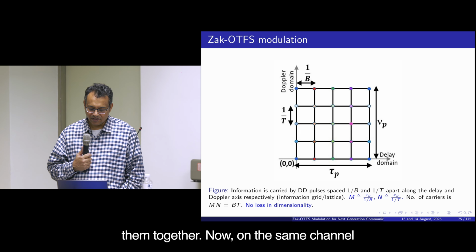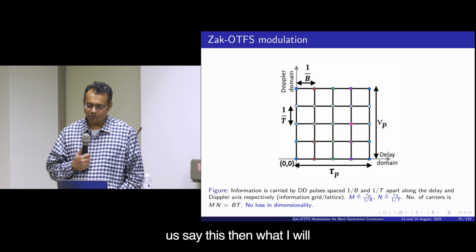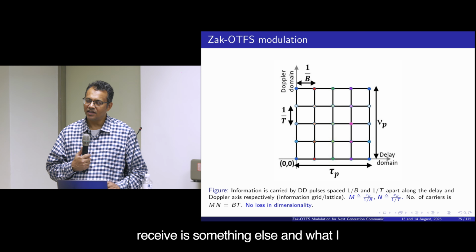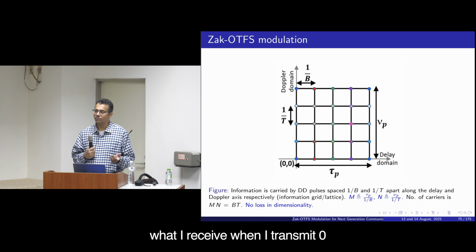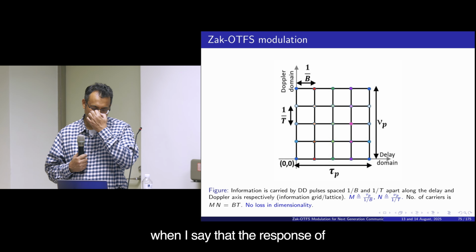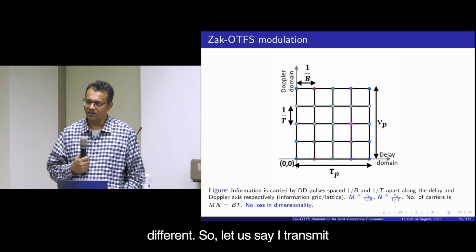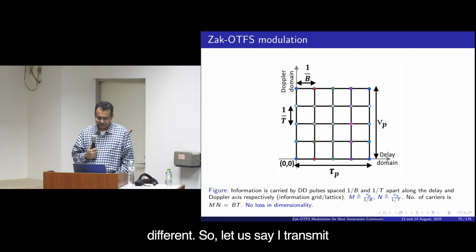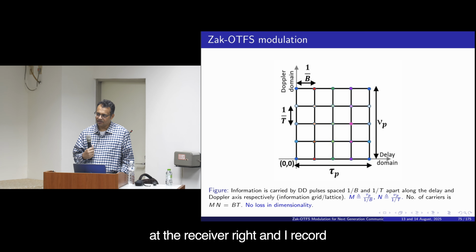Now on the same channel, if I transmit some other pulson, let us say this, then what I will receive is something else, and what I receive will not be the same as what I receive when I transmit 0 0. So that is what I mean when I say that the response of the channel to different carrier waveforms is different. So let us say I transmit this standard pulse train 0 0, and I observe the response of the channel at the receiver, right?